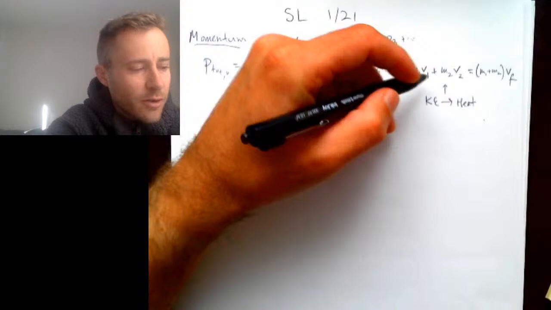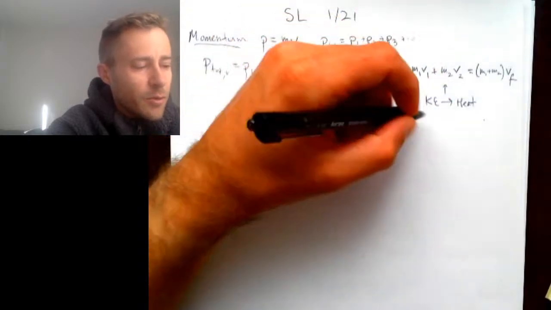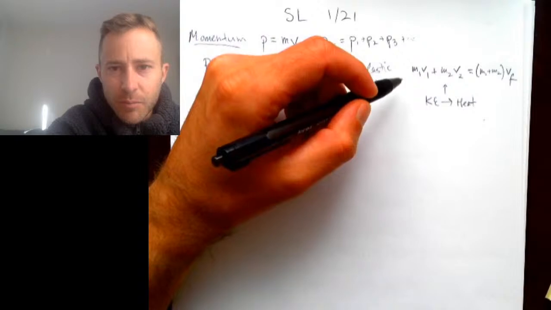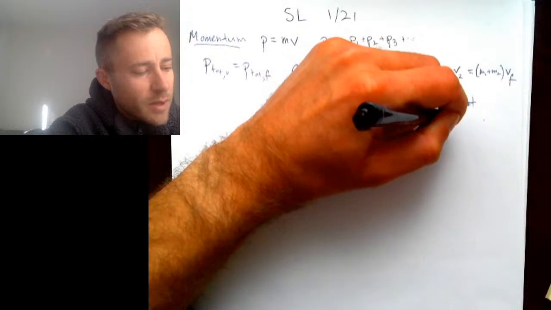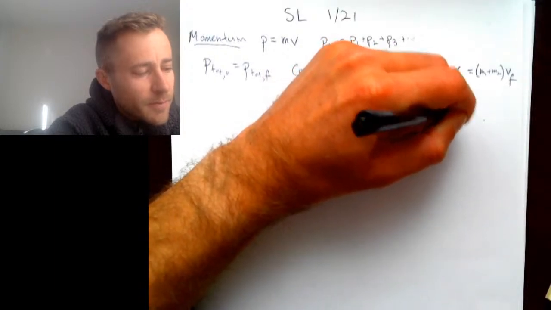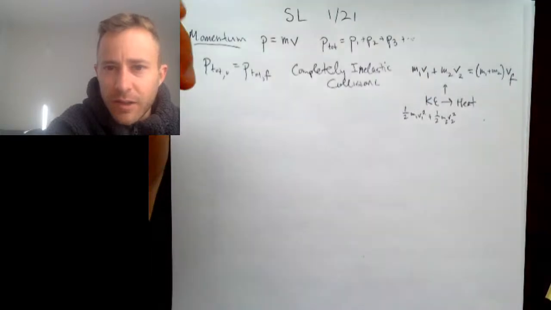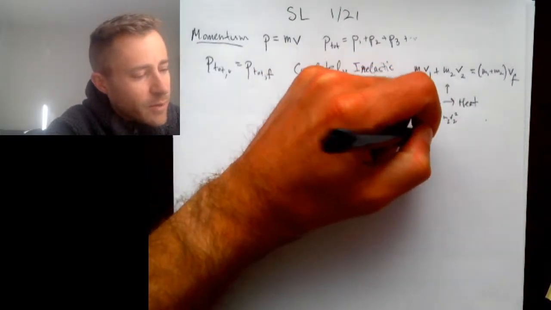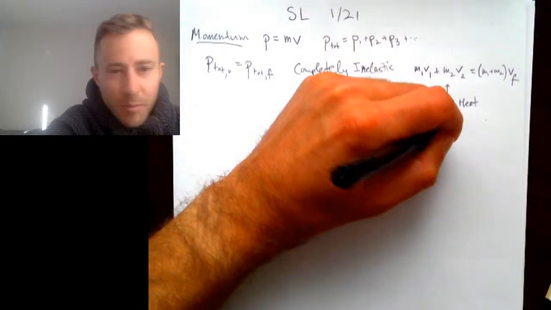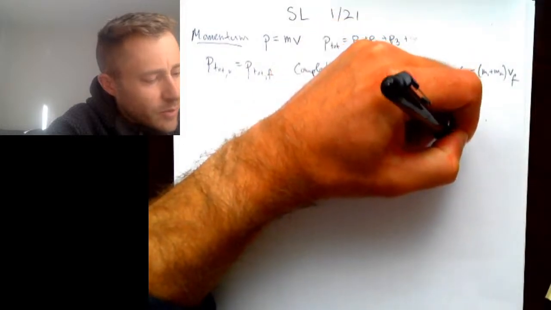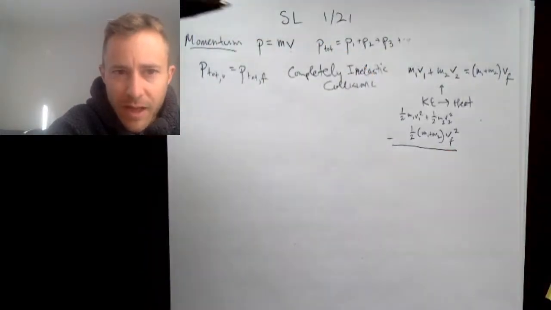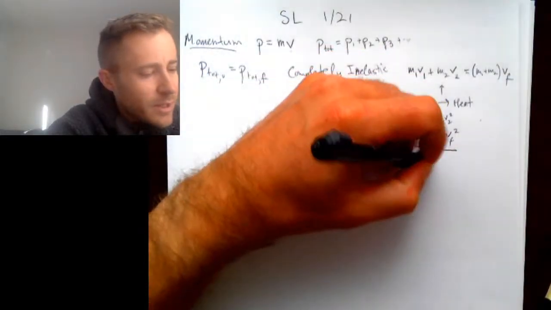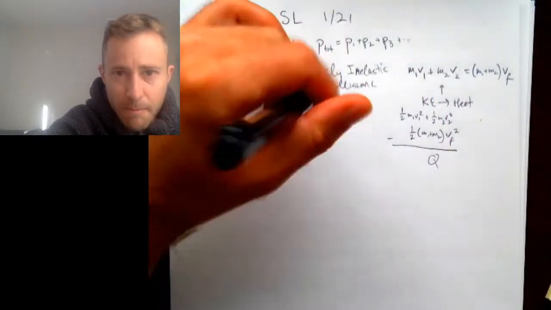All right, so if you wanted to calculate the kinetic energy before, you would do 1/2 m1 v1 squared plus 1/2 m2 v2 squared, and then the kinetic energy afterwards would be 1/2 (m1 plus m2), because remember they're collected together as a single object, times v final squared, and you take the difference of those, and that's going to give you the amount of heat that is released. Okay.